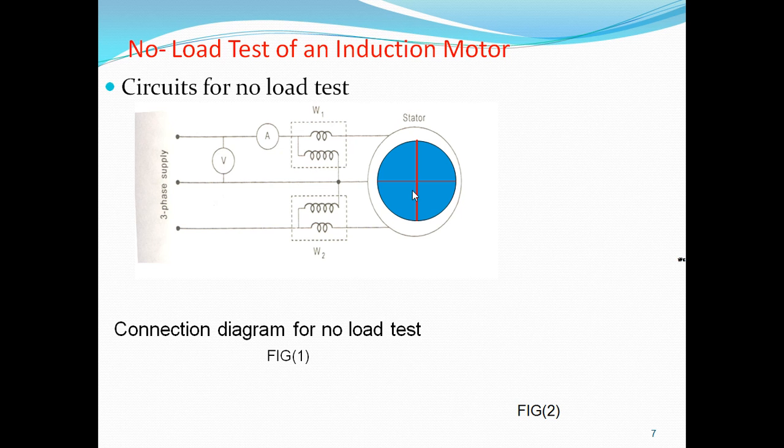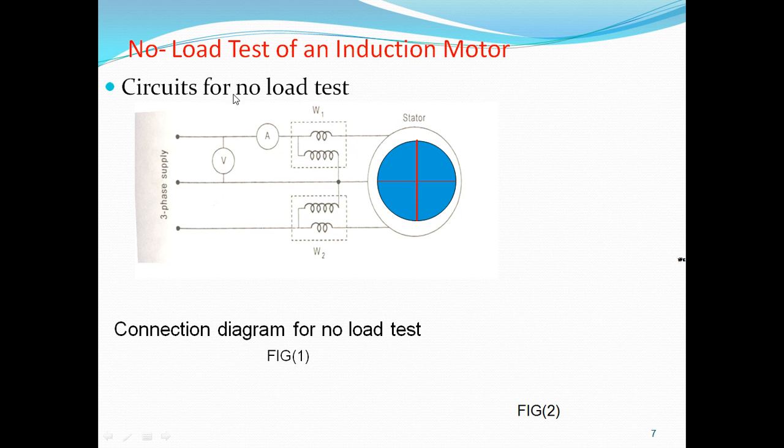So the speed of the motor is very much nearer to synchronous speed. Since the motor is on no load, the slip at no load is very small, and therefore the load resistance is RL into (1 minus S) by S. So the no load input gives friction and windage losses, core losses of the stator, and copper losses of the stator.